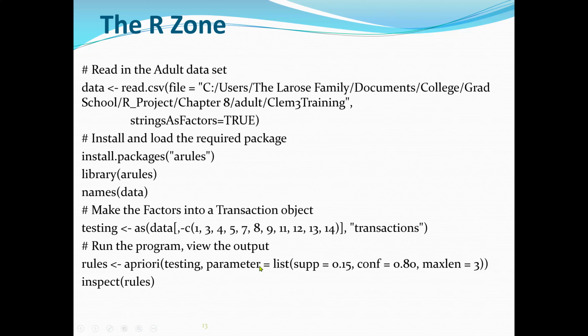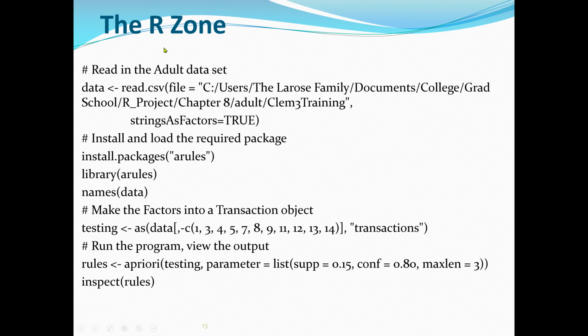So apriori testing, and the parameters we need to specify are our support. The support here is the minimum threshold. So whatever rule we generate, the support must be greater than or equal to 0.15, the confidence 0.80, and the max length is also 3. Then we generate the rules. The last step is just to inspect the rules, and we'll see all the rules.